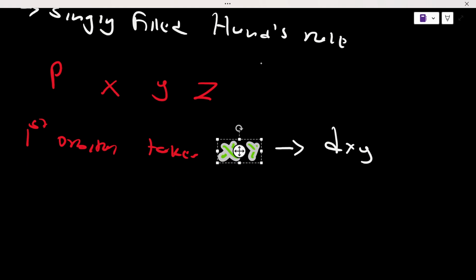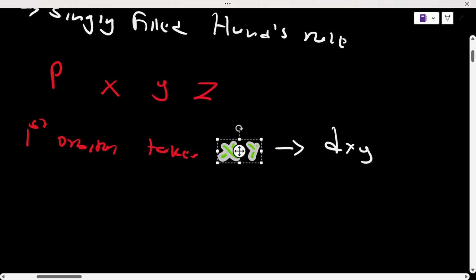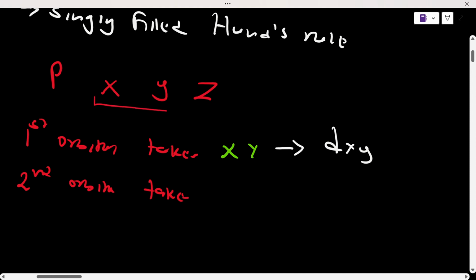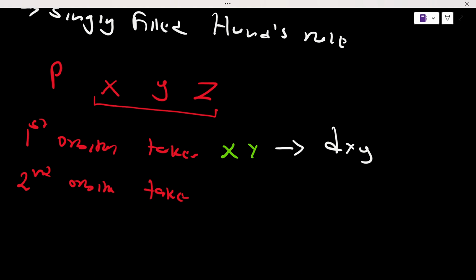The second orbital takes from this same combination, it takes the y and z.